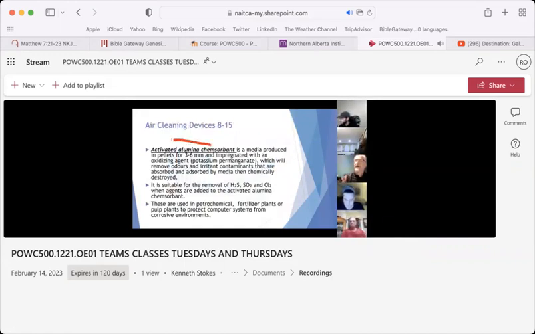Chem absorbance, so activated alumina, similar to the activated carbon, will remove H2S, SO2, and chlorine from air. I started to mention the little operating buildings out and about in the Fort Hills plant. They have an air system on them that will completely recycle air and has these chemical removal cartridges, should there be a release, an emergency situation.